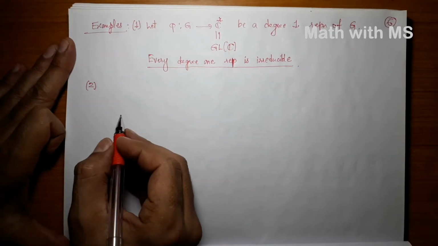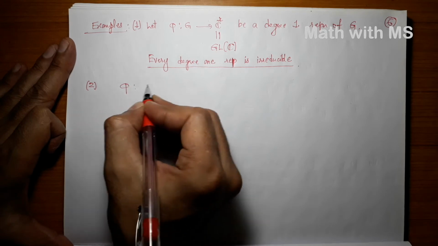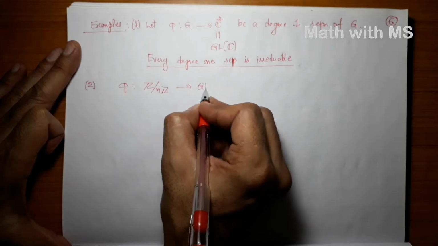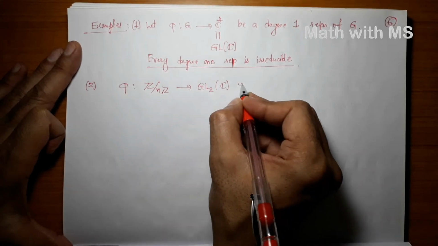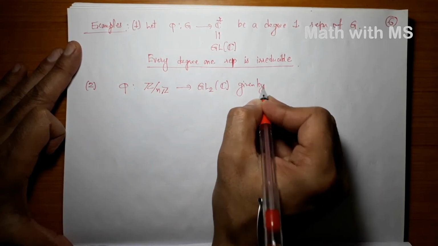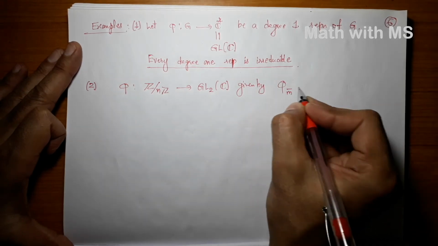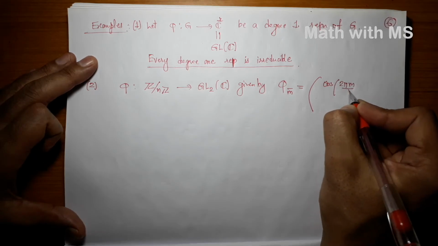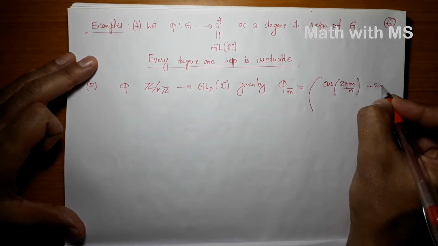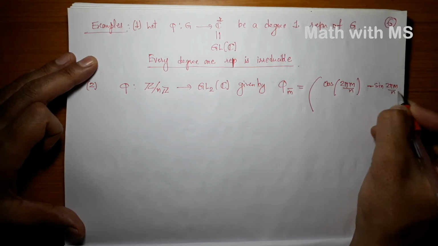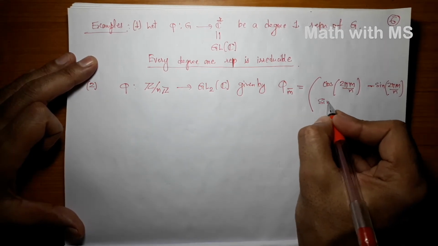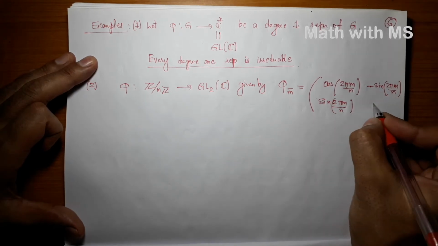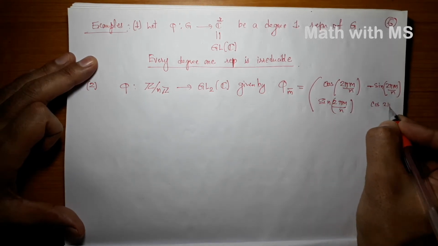So let us go back to the example that we discussed earlier. We call phi for this cyclic group of order n the two-dimensional representation into GL2(C) given by phi of m bar equals the matrix with entries cosine 2 pi m by n, minus sine 2 pi m by n, sine 2 pi m by n, cosine 2 pi m by n.